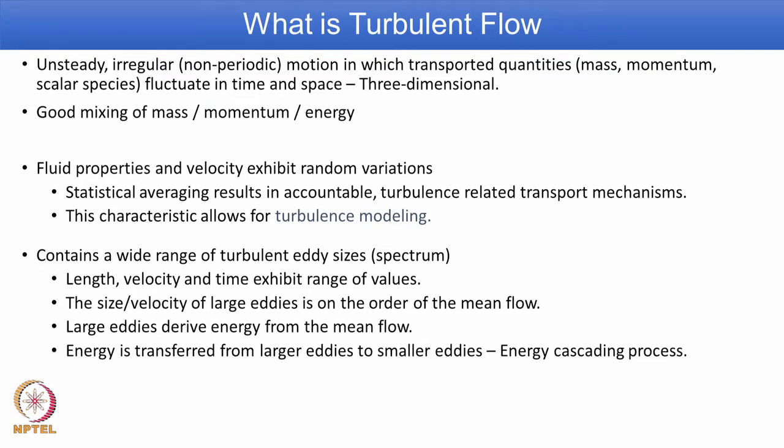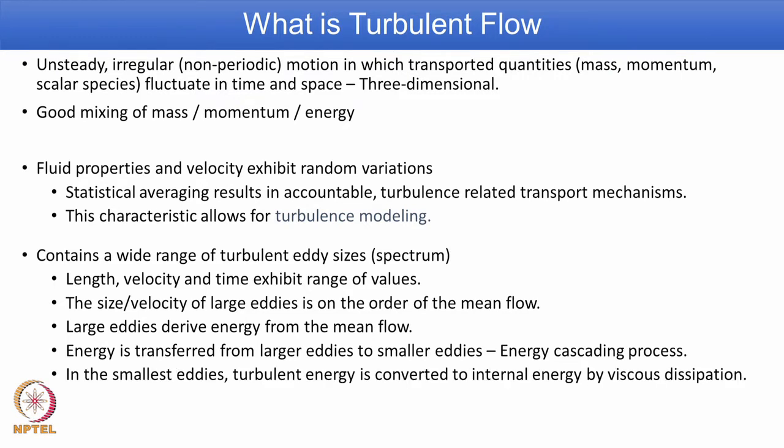So, energy is transferred from larger eddies to immediately smaller eddies, and the cycle continues, and it ends at the smallest eddies possible. This process is called the energy cascading process. In the smallest eddies, turbulent energy is converted into internal energy by the viscous dissipation process.